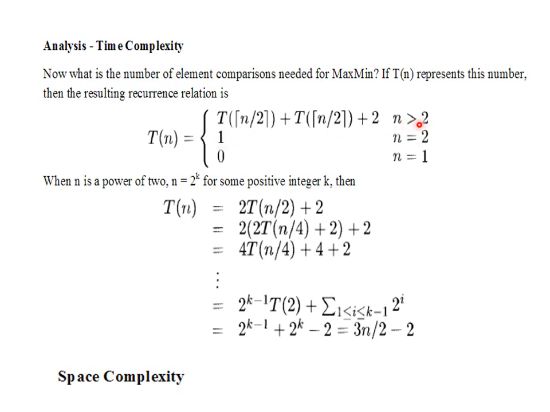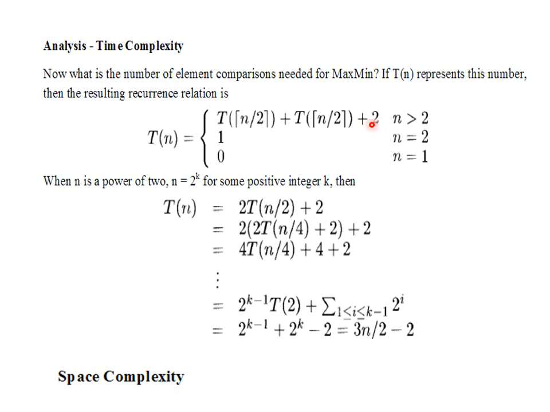And if n is greater than 2, that is the problem, we cannot directly solve it. So what we are doing? We divide the problem into two sublists, each with T of n by 2 plus T of n by 2. The time required to solve the first sublist with n by 2 items, the time required to find the maximum and minimum among the second sublist, that is n by 2, plus 2 is required.